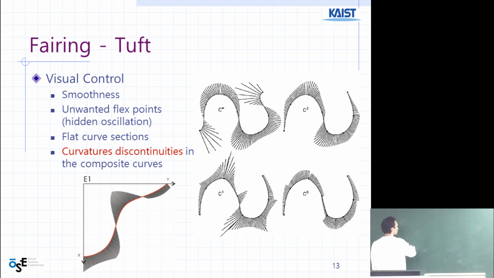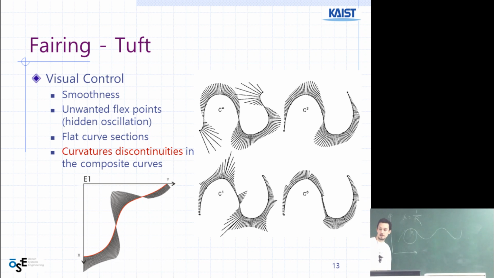For example, if we have two axes, the curvature at this point is, if this is the radius, the inverse of the radius. So if we have a large radius, for example here, which is almost flat, the curvature will be 0.